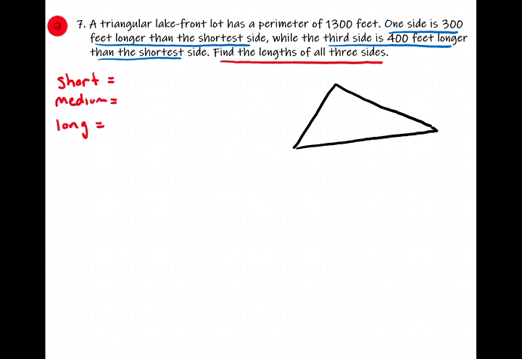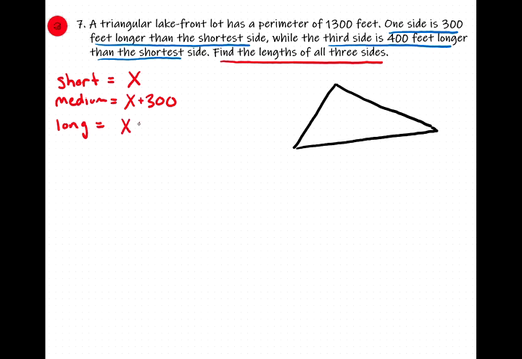So in this case, if we call the short side x, one side is 300 longer than the shortest, and the other is 400 longer than the shortest. So for the medium and long sides, we could take the short side plus 300. One side is 300 more than the short side, and the other side is 400 more.